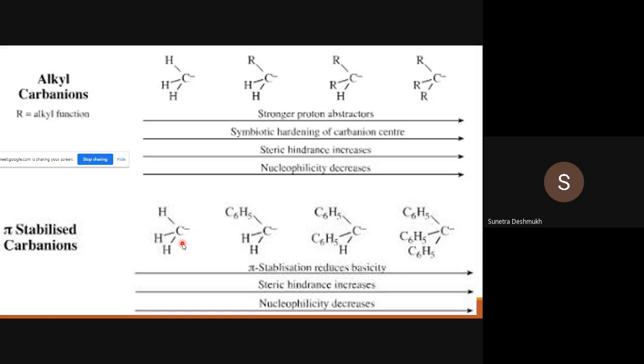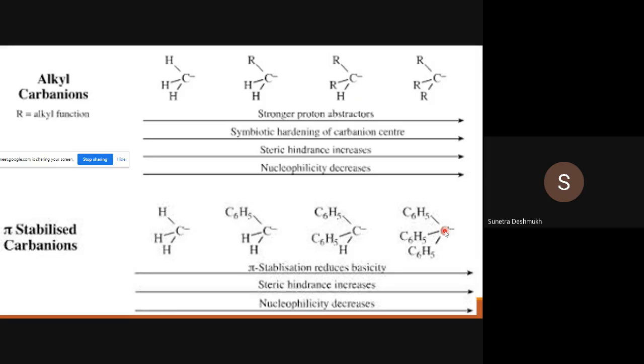Now in the methyl carbanion, CH3 minus, this is neutral. If we add one phenyl ring on that methyl carbanion by replacing one hydrogen, and again add one more phenyl ring, that means two phenyl rings are present.